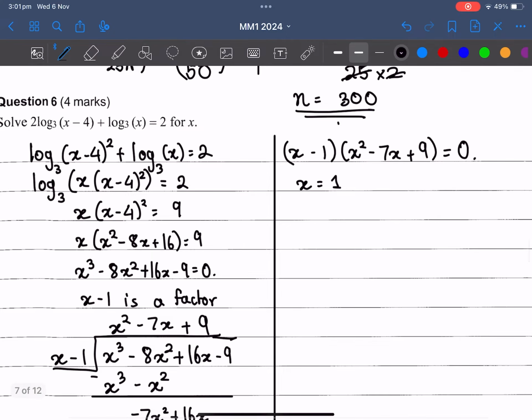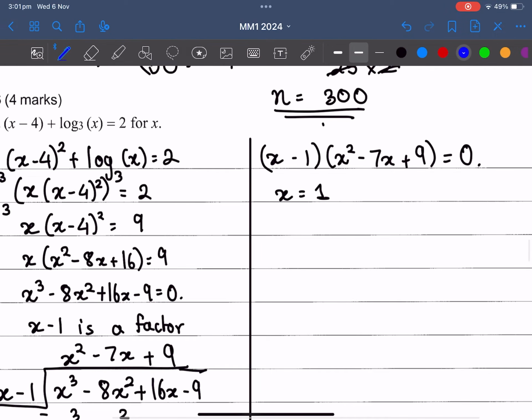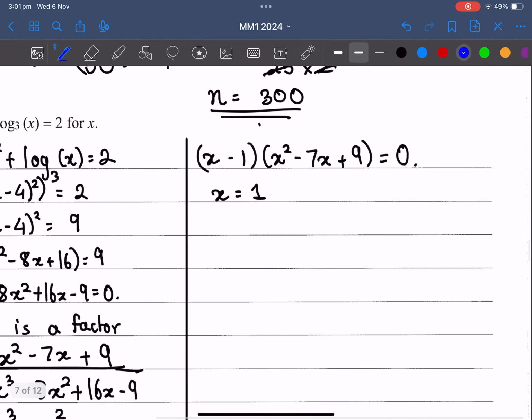So x equals 1 is one of our solutions, but we have to reject it. The reason being that if you put x equals 1 in here, this part becomes undefined, so we can't have that. So we'll write down that x is not equal to 1.